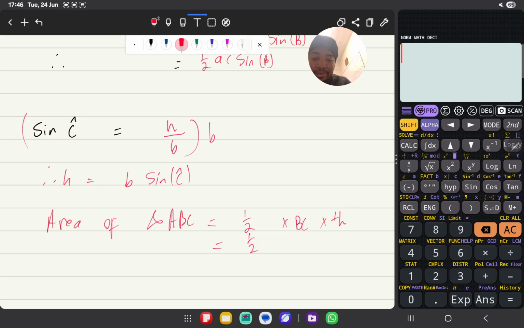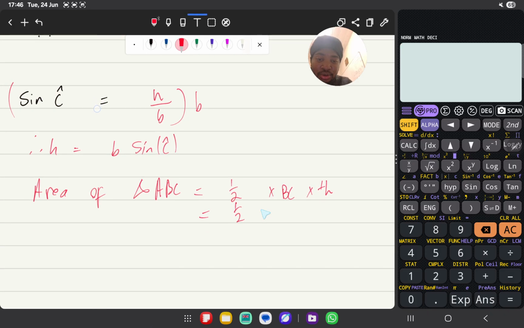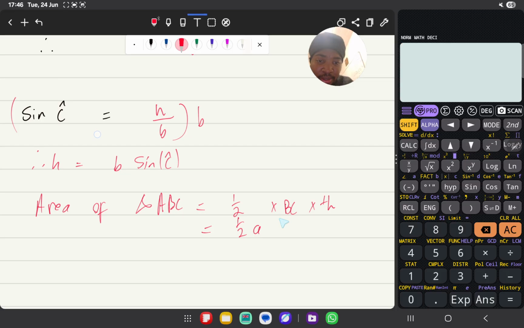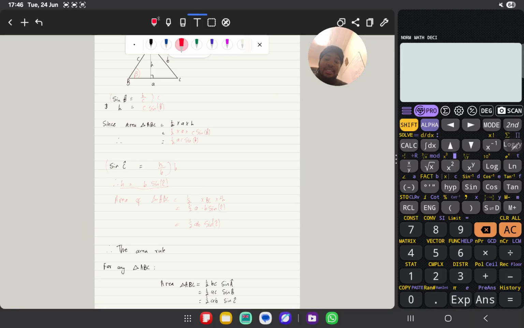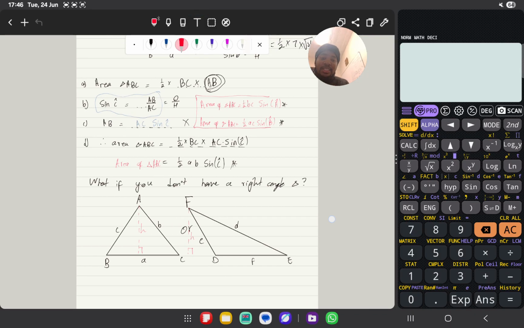You have half here, and your base is going to be A, and the perpendicular height, this is B sine C, right? And you just have your area: half AB sine C, emphasizing exactly what we did on the previous slide.